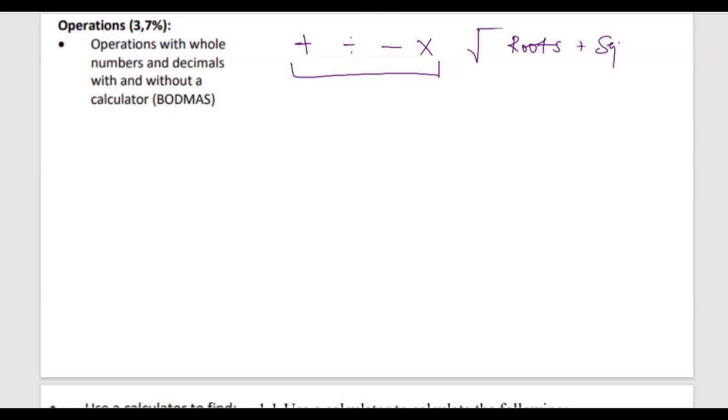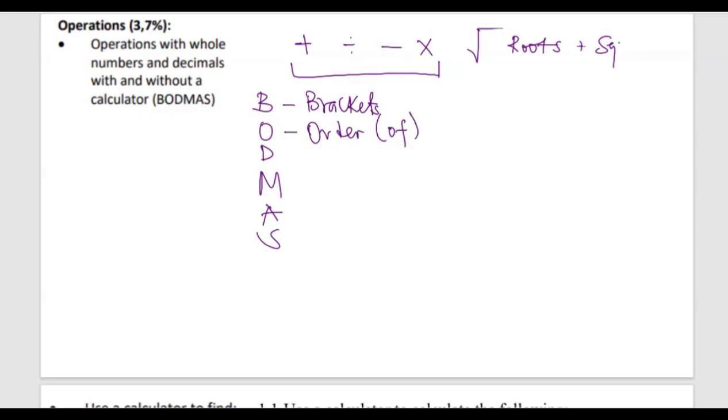But we shall follow the word BODMAS. BODMAS, simply standing for, start with brackets, then order. Some other people say of, but it's the order.